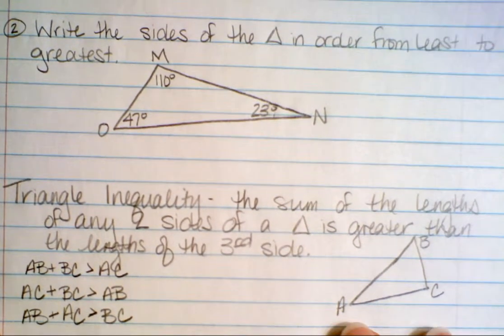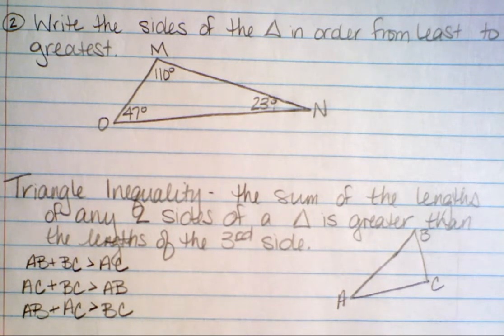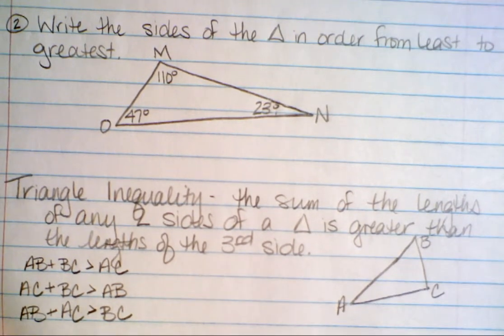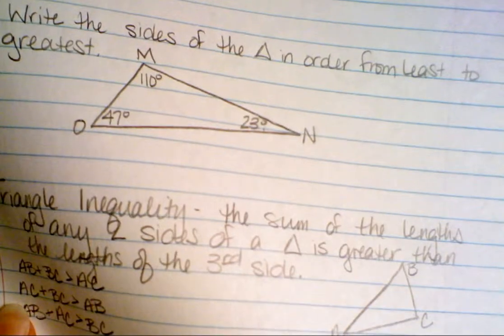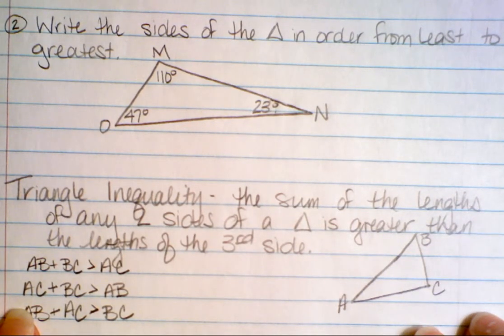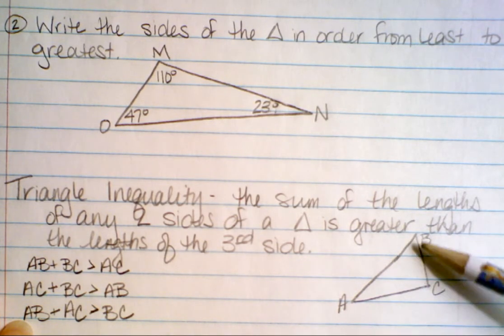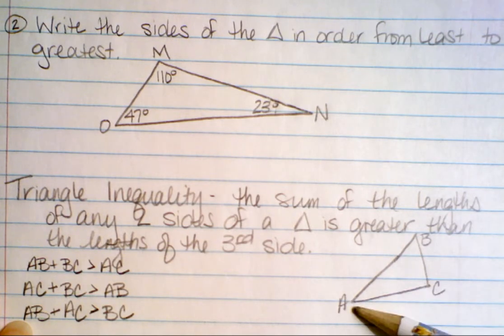With triangle inequality, the sum of the lengths of any two sides of a triangle is greater than the length of the third side. So if I take any two sides of a triangle and add them together, it has to be greater than the third side by itself. So if I take side AB, here's AB, and I add BC to that, it has to be greater than this side.